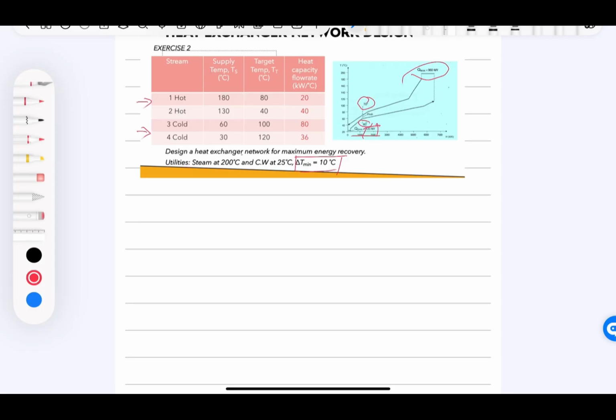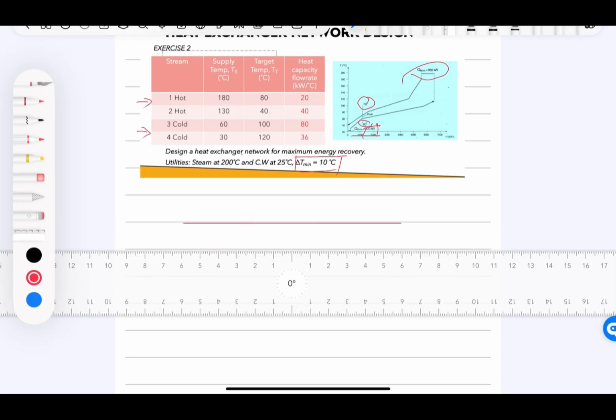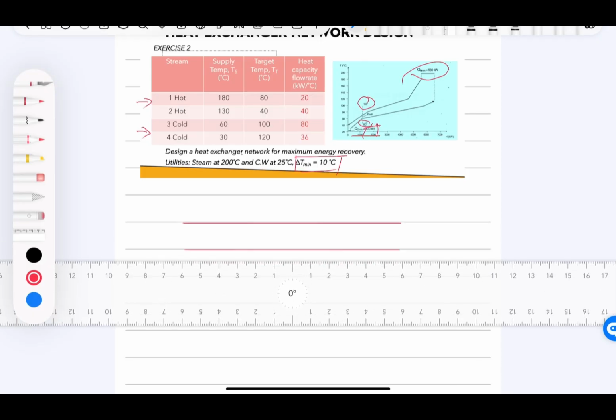Right, now let's draw the streams first. I'm going to use red color for hot stream and blue color for cold stream.